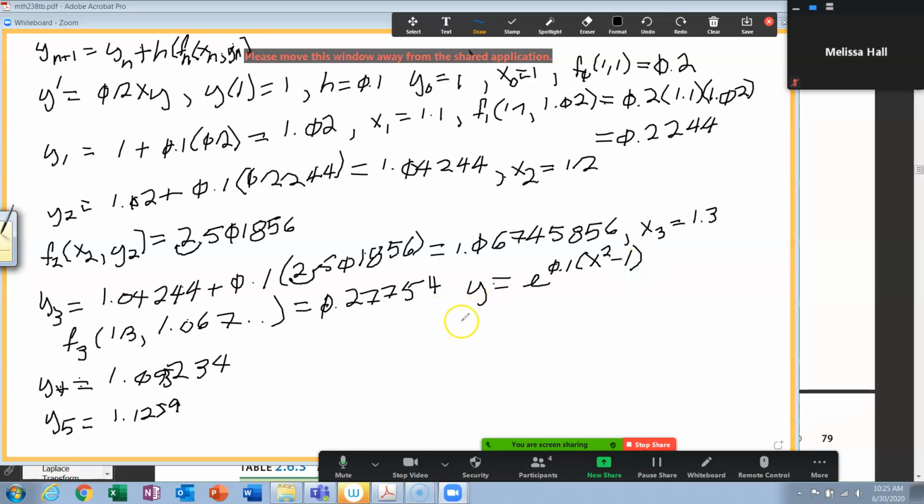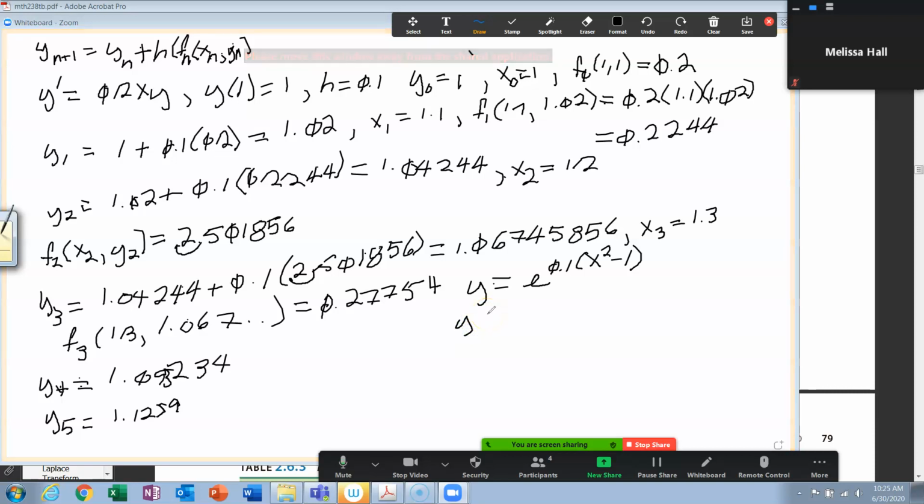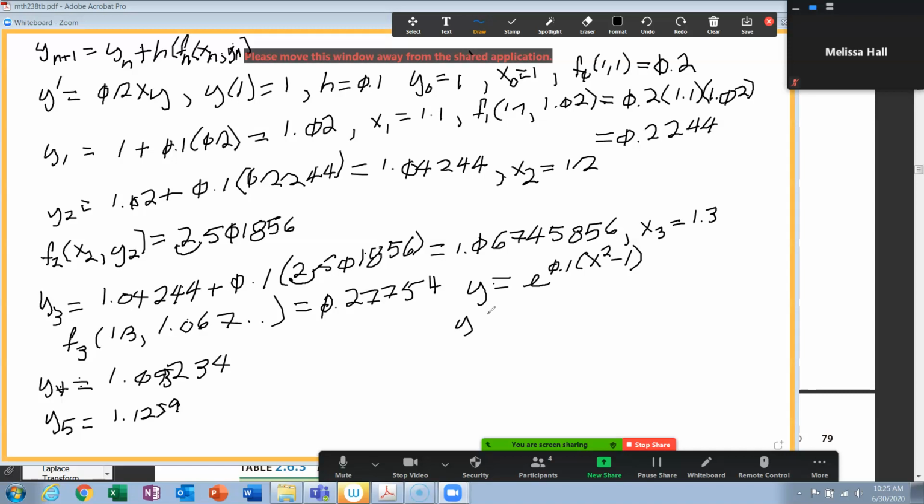Okay, now let's evaluate that. Okay, time out just a moment. Okay, when x equals 1, this thing right here is a 0, and e to the 0 is 1. So our initial condition does match this. I should have done that way back then.